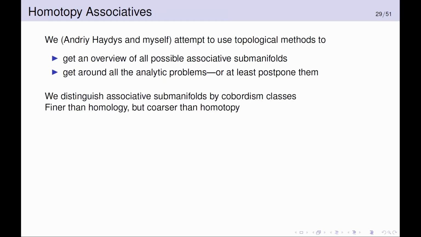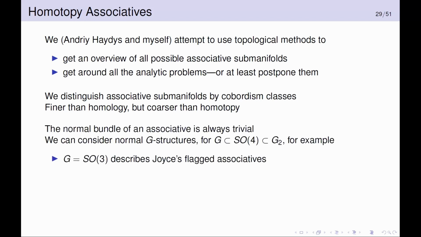I said counting by homology classes; well, we'll distinguish them by cobordism classes, which may or may not be a little finer than homology, but it's much coarser than considering homotopy classes of submanifolds inside this. Actually, whether it's finer or not depends on the kind of topology theory that you use. You'll see this.